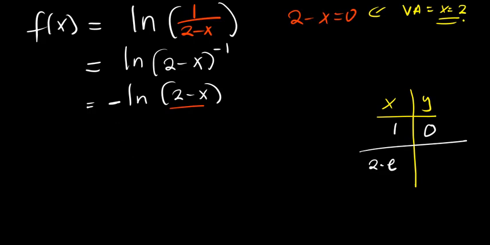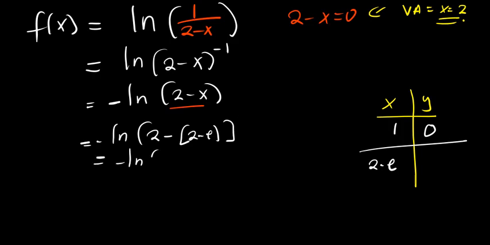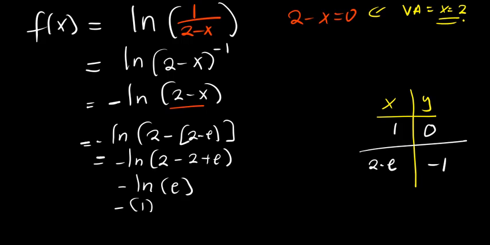Now again, negative ln(2 - x), where there is x we put 2 - e. That becomes negative ln(2 - (2 - e)). If I open the bracket, it becomes negative 2, then positive e, so the 2 and 2 will go, and that is e. ln e is 1, because ln is always in base e. So that becomes -1. So these are the coordinates that I have.